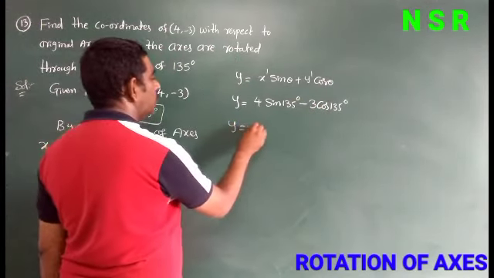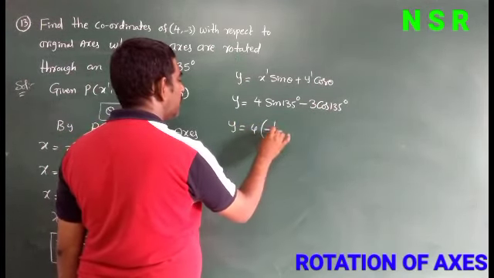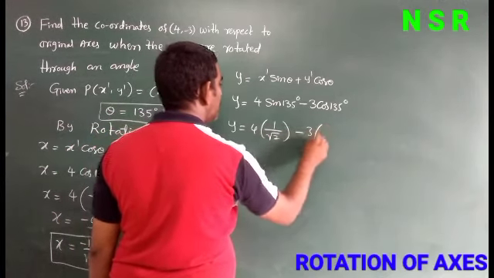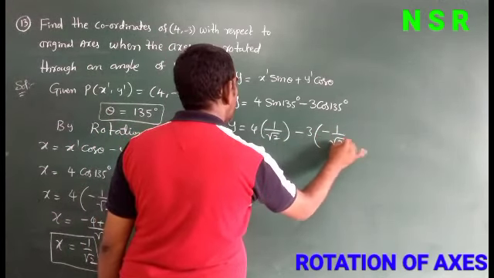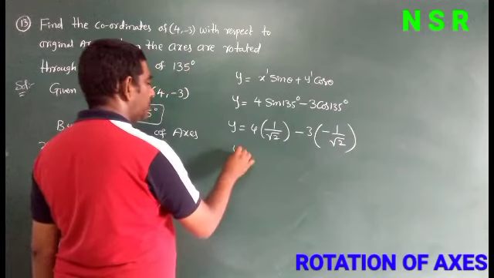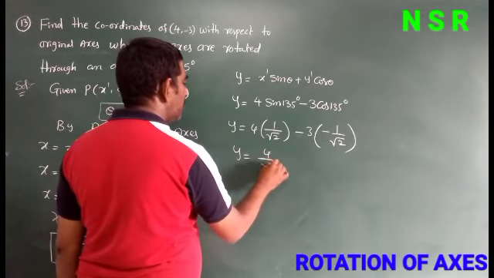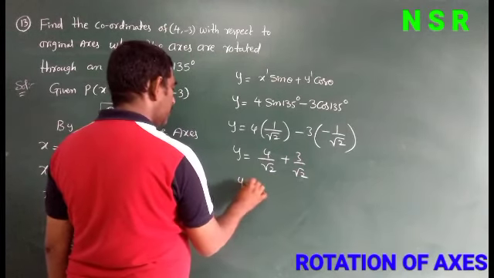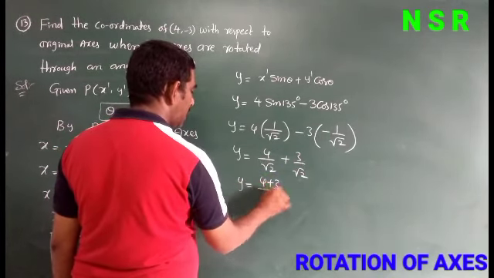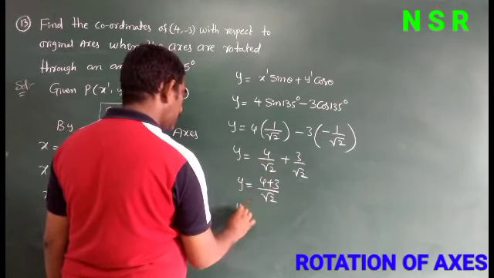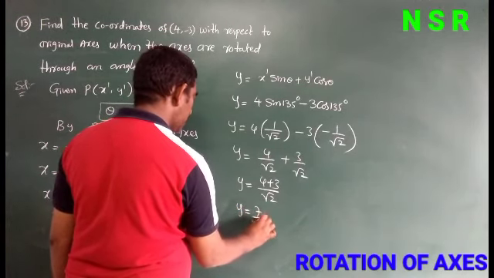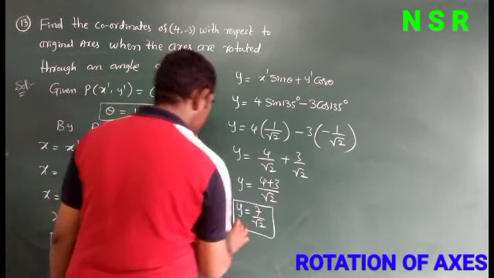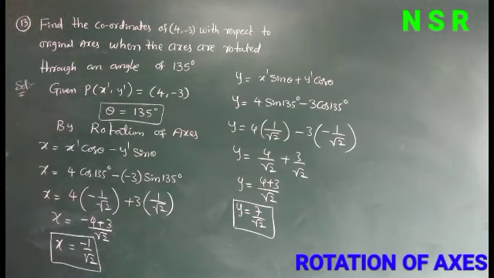Now y = 4 into sin 135, 1/√2, and cos 135, −1/√2. Now 4/√2, minus into minus is plus 3/√2. So 4 plus 3, with LCM √2, now 4 plus 3 is 7/√2. So these are the coordinates in the original axis, using the formula for x and y.